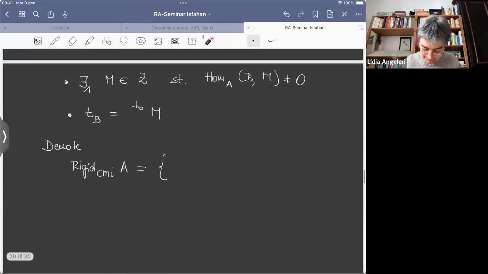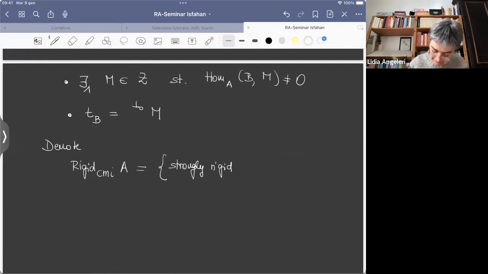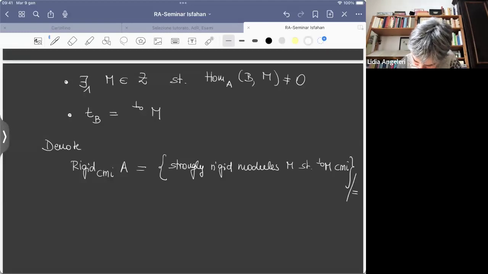So now I denote by rigid CMI of A the collection of strongly rigid modules M such that the torsion class cogenerated by M is completely meet irreducible. And as usual, I'm taking isoclasses.